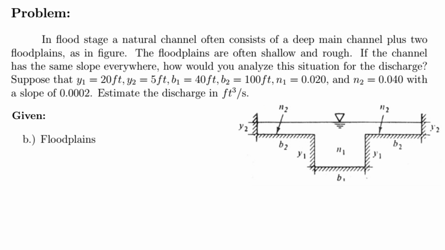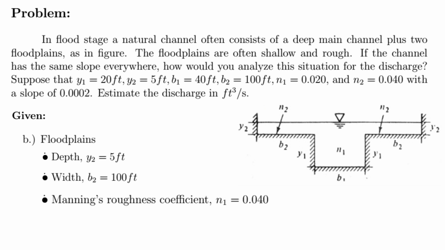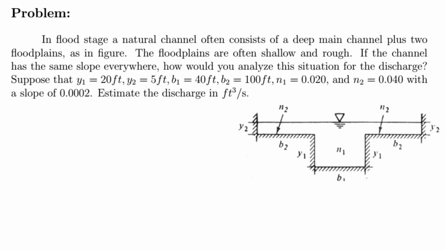And for the floodplains, we have a depth of 5 feet, width of 100 feet each, a Manning's roughness coefficient of 0.040, and channel slope of 0.0002.